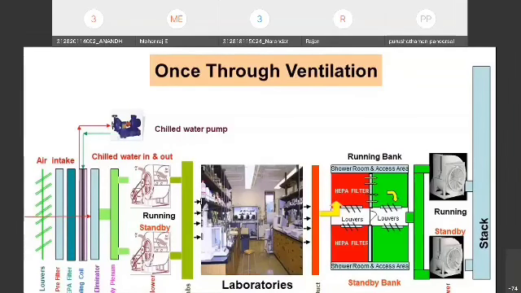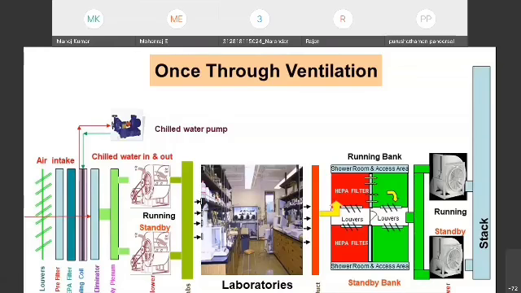But this will not be possible in a radioactive facility, because there will be many rooms, and air will be distributed through ducts to the various rooms. If there is contamination in one room and we are recirculating, the air will contaminate fresh air and contaminate another room which is free.